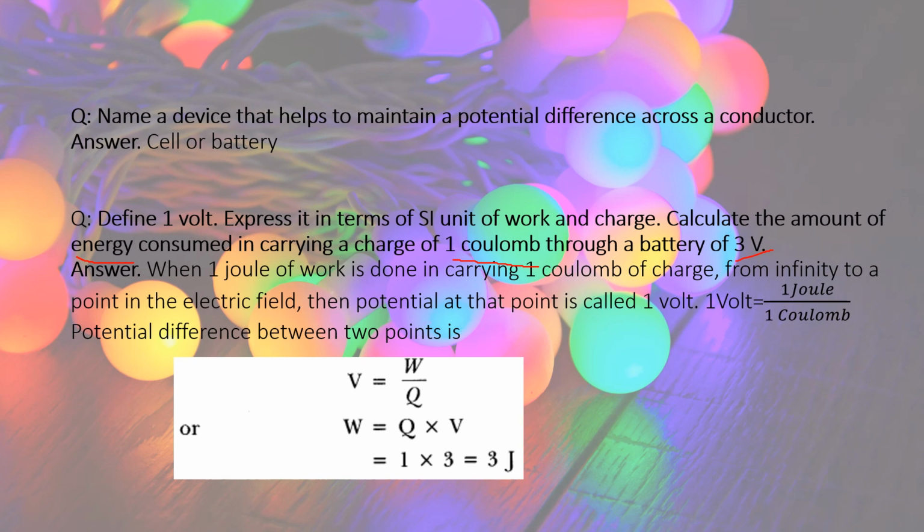So we have to find out the work done. So we have the formula V is equal to work by charge. We have to find out work done. So work done is equal to charge into potential difference. Charge is given as 1 coulomb. Potential difference is given as 3 volt. So when you are multiplying, you will get it as 3 joules.